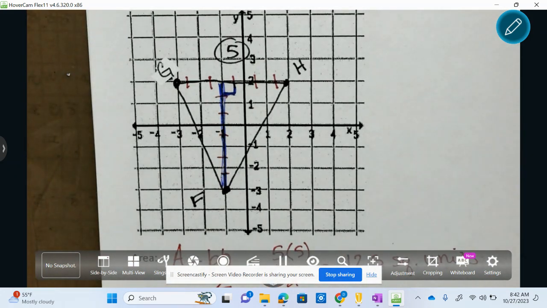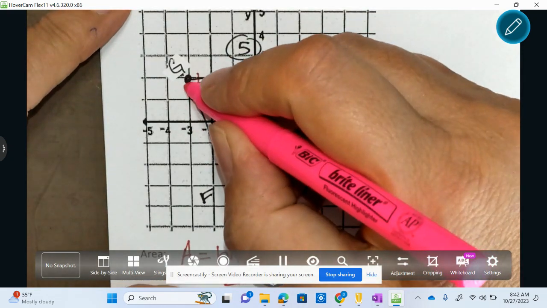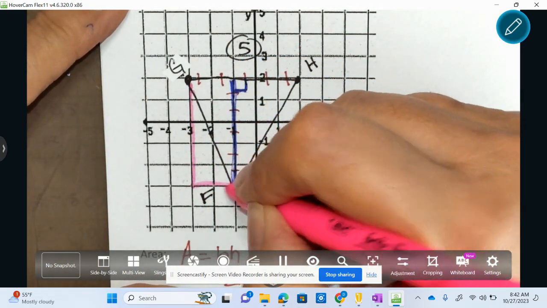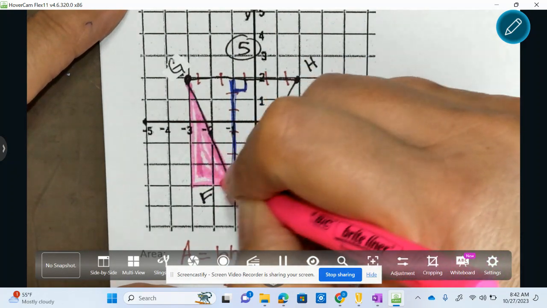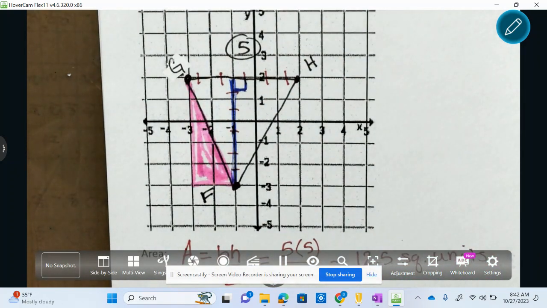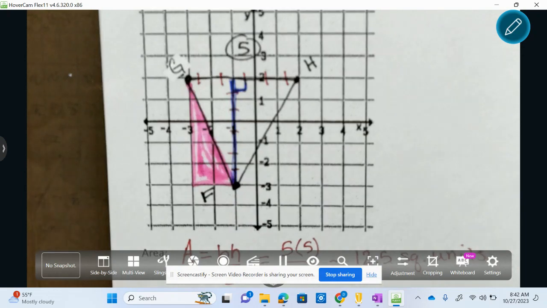So I'm going to turn these into triangles. I'm going to draw a right triangle here on the left, and then a triangle on the right. Now we're not subtracting out area. We're just trying to find the length of the hypotenuse of each of these triangles.